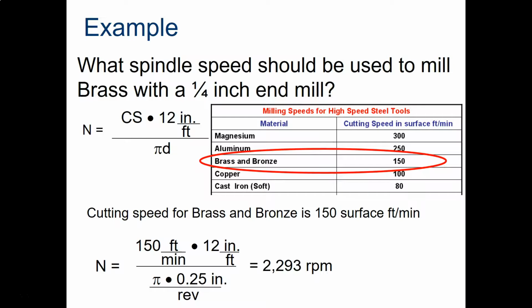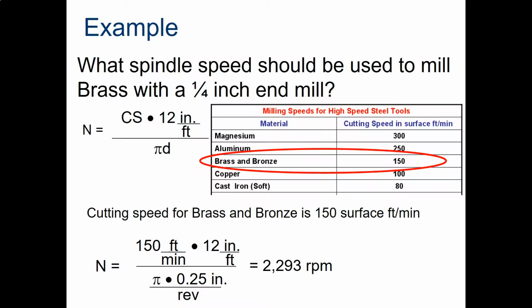Did you get 2,293 RPMs? We take the 150 feet per minute for brass as its cutting speed. We convert it to inches per minute by multiplying it by 12, and then we divide, important to use parentheses here, some version of pi, PLTW will use 3.14, times 0.25 inches for every 1 revolution.